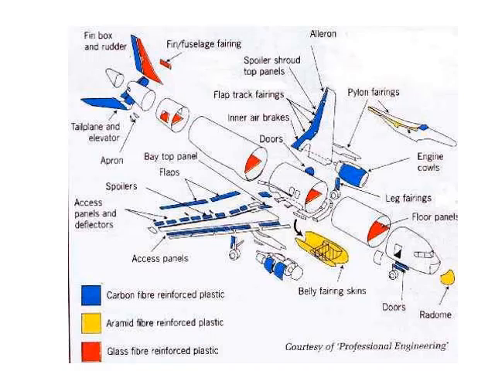If you see the sketch here, you can observe we have carbon fiber reinforced plastic, aramid fiber reinforced plastic, and glass fiber reinforced plastic, and the remaining parts are also made up of one or another lightweight composite material.